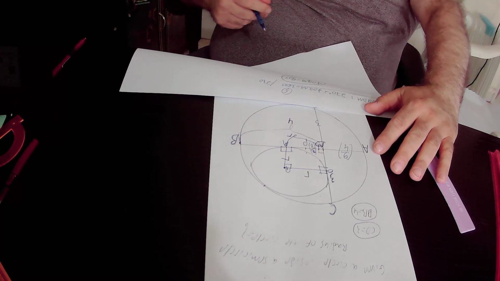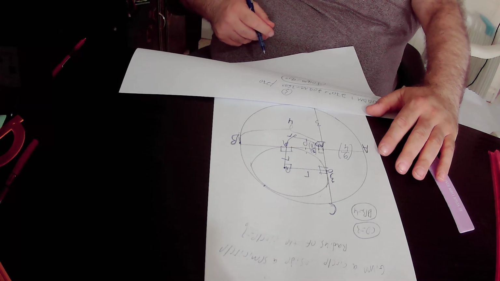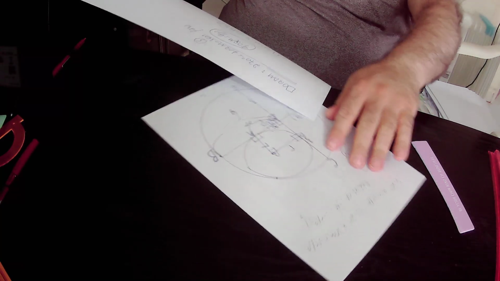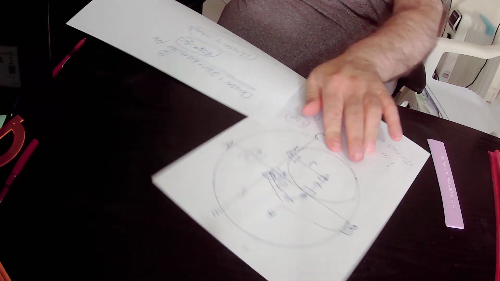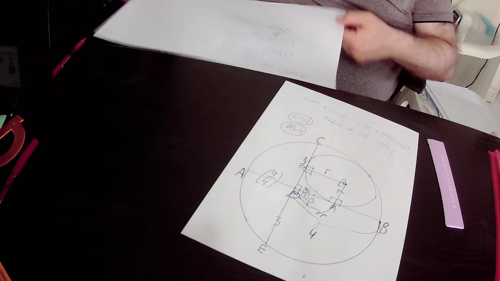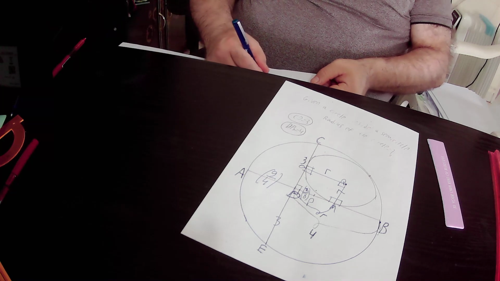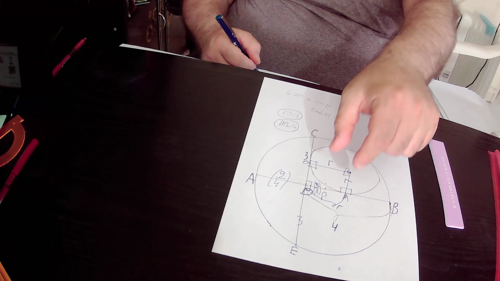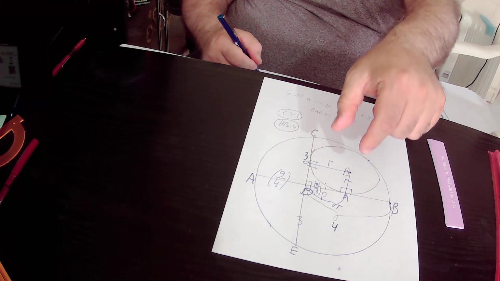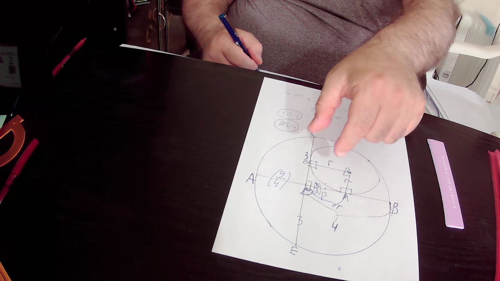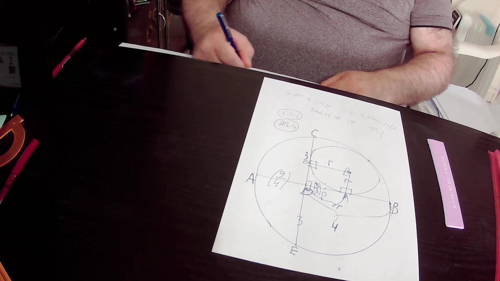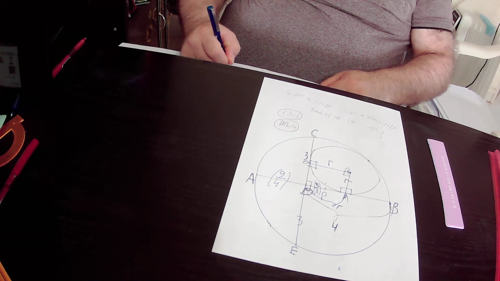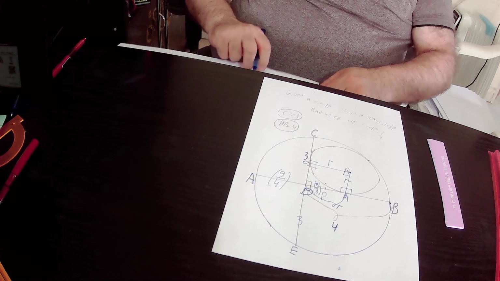Okay, and what is the length of line segment PM? From the drawing, it is very easy to see that the length of line segment PM equals DM minus DP. I will repeat again.